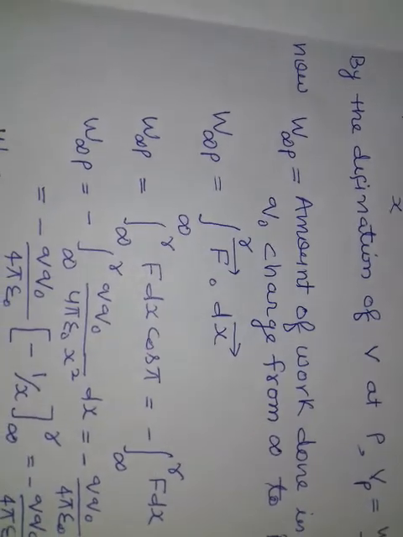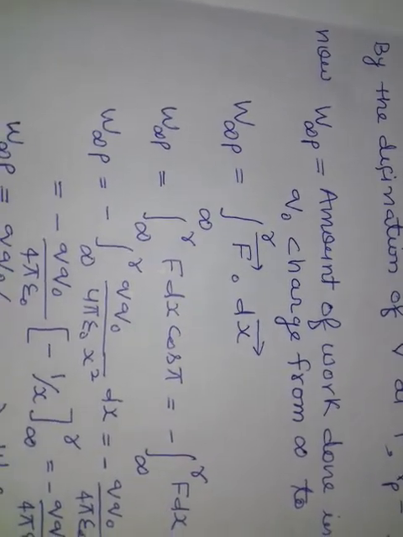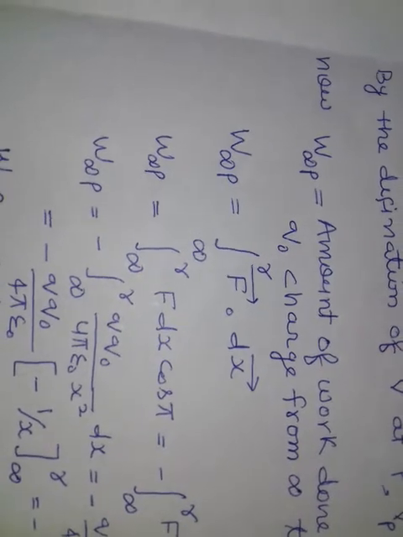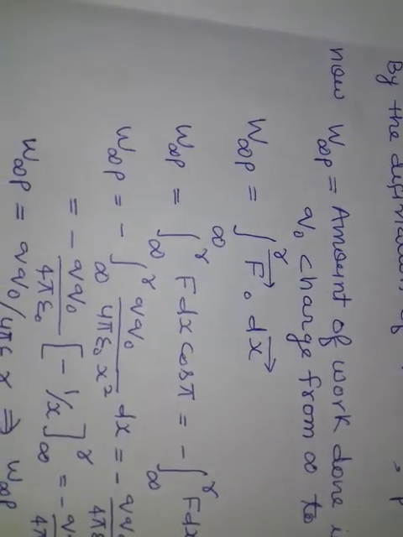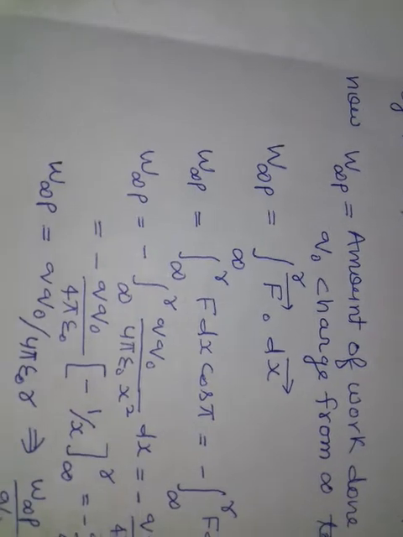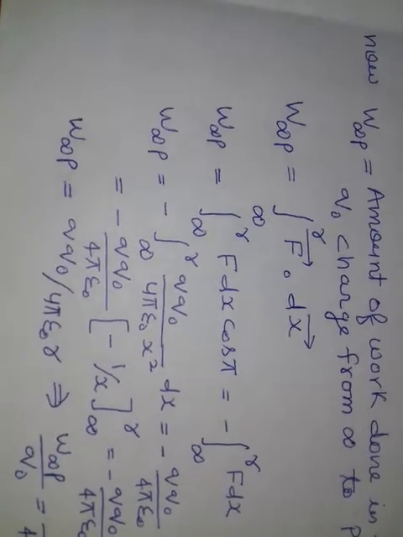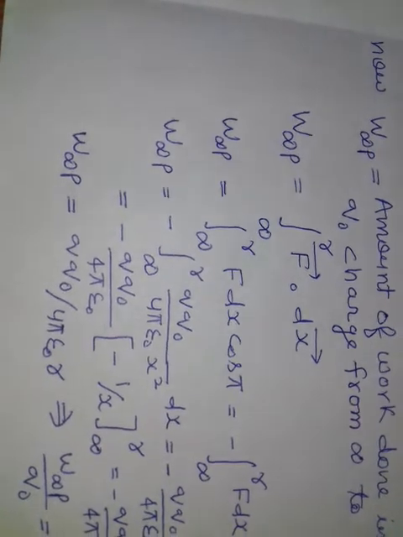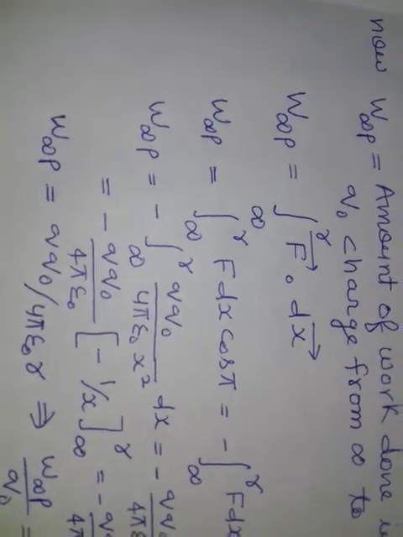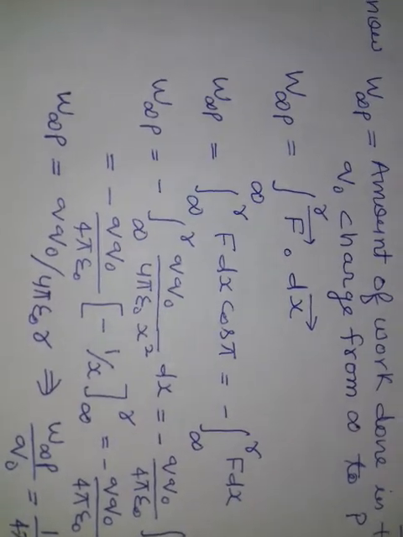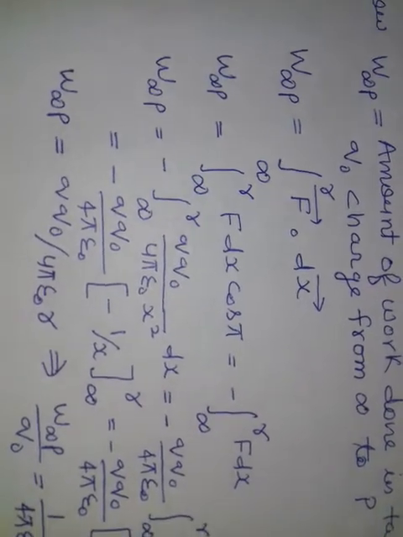Mathematically, W infinity to P is equal to integration infinity to r of F dot dx. You see F dot dx is F dx cos of pi, the cos of the angle between F and dx, which is pi. So W infinity to P is equal to integration from infinity to r of F dx cos pi.